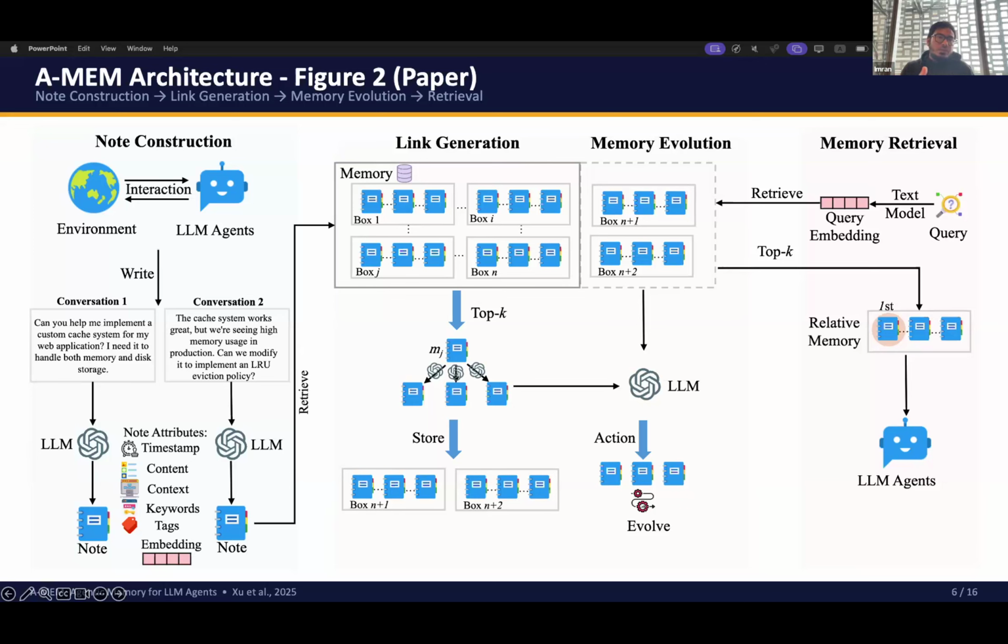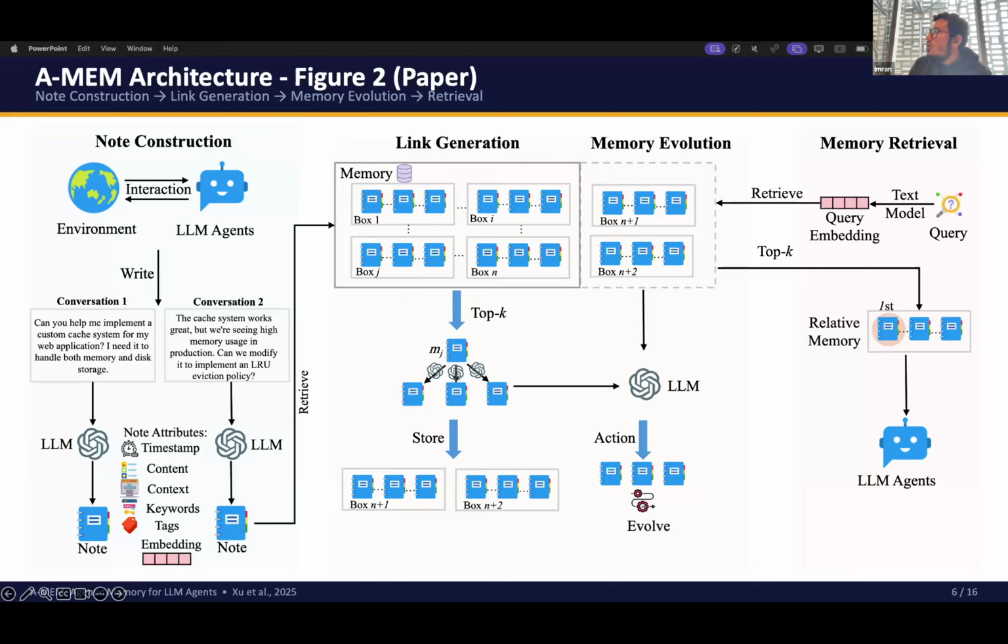And remember that each node consists of many different things like content, context, summary, keywords and tags. So they try to relate these contents with the other nodes and find the link. So it's a prompting technique, but only for linking between the nodes. The linking depends on the decision of the LLM, yeah, exactly.